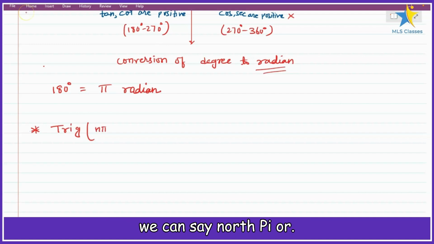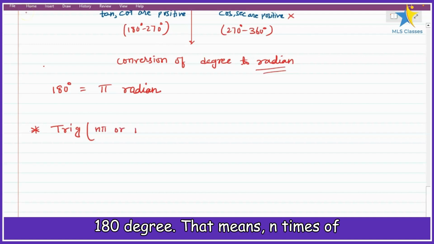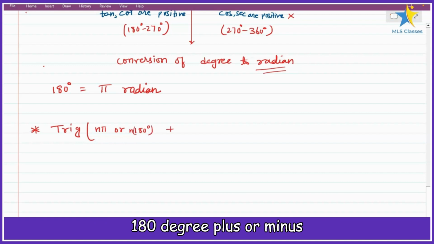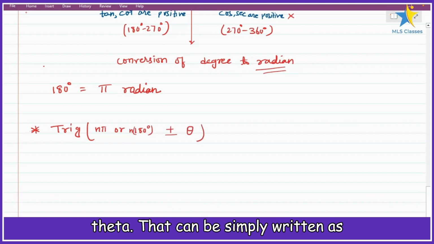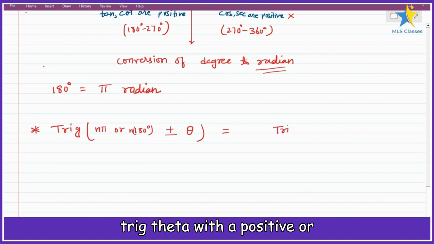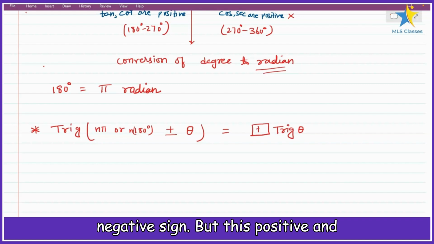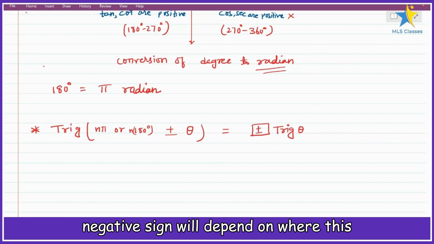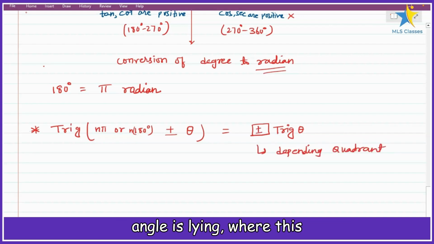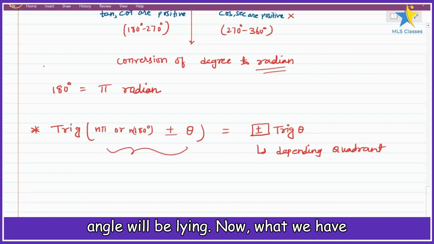That means we can say n times 180 degree, plus or minus theta, can be simply written as trig theta with a positive or negative sign, but this positive or negative sign will depend on where this angle is lying.